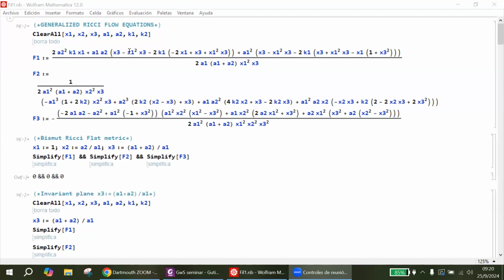Here there are involved, of course, the metric x1, x2, and x3, and these scaling constants corresponding to the homogeneous spaces M1 and M2, and these kappa 1 and kappa 2 are some constants relative to the Casimir operator.